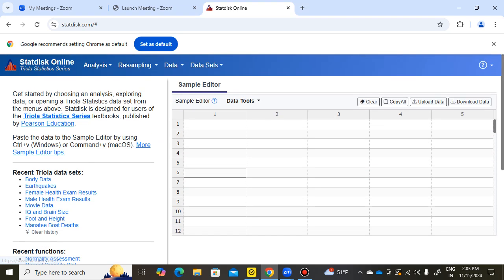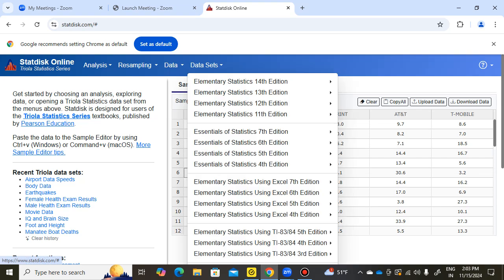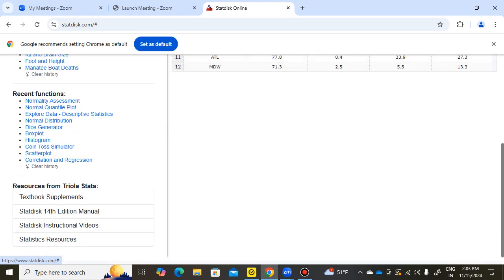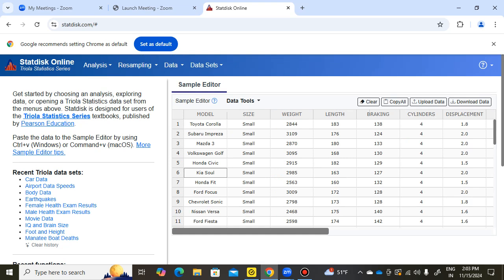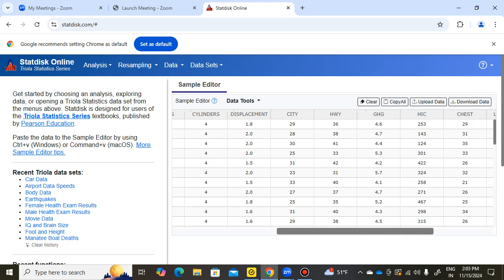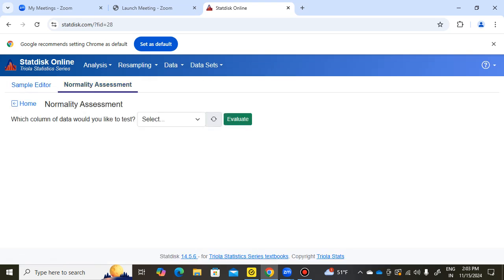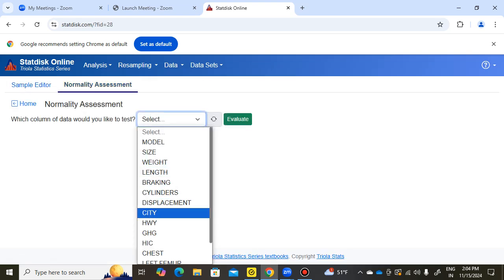Yeah, it's 35. I didn't click on 35. So now I know where it's at. Alright, we're going to look at again city miles per gallon, highway miles per gallon. So we're going to go to data, normality assessment, do city.